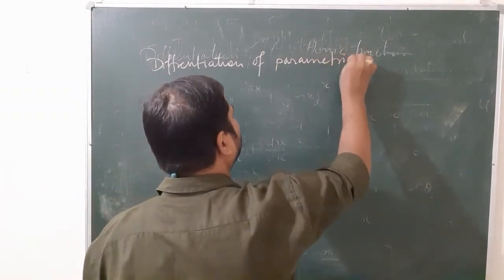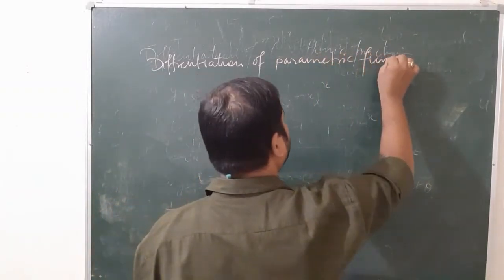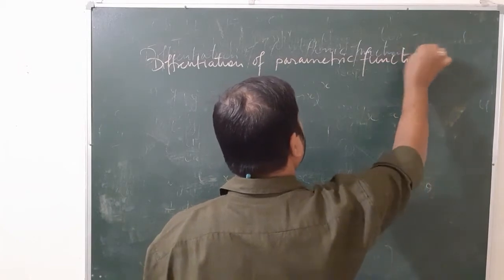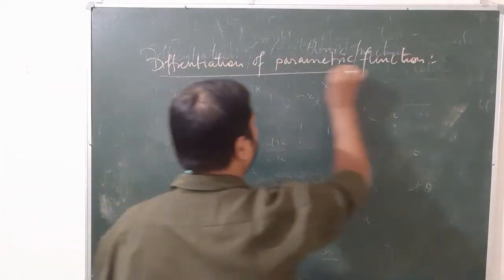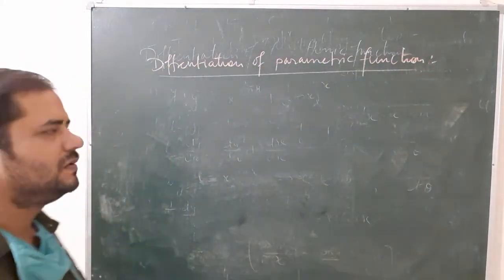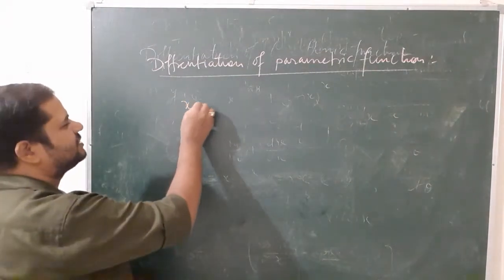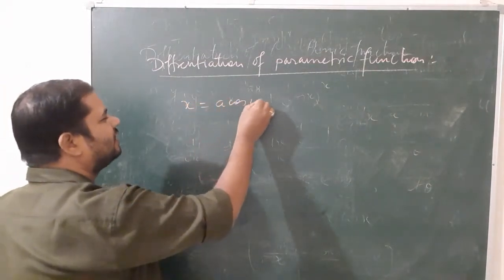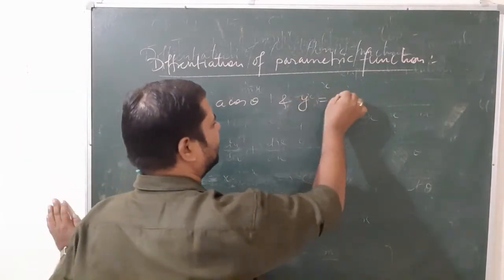You know very well what a parametric function is. For a circle it is x is equal to a cos theta and y is equal to a sin theta.